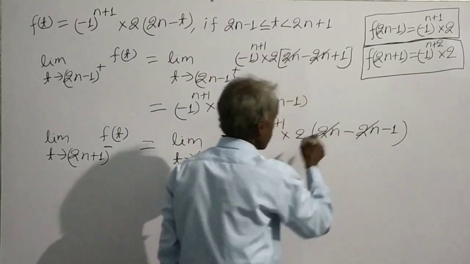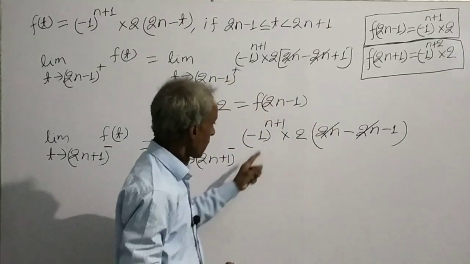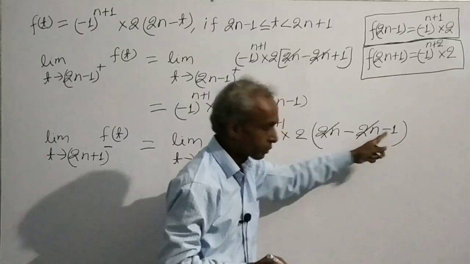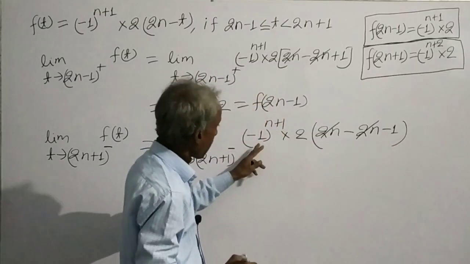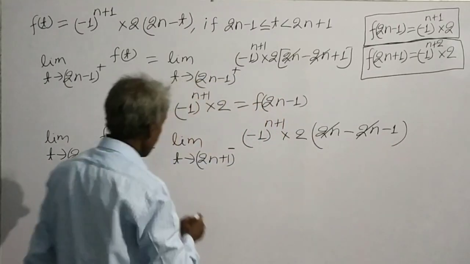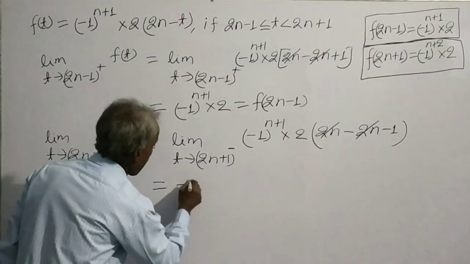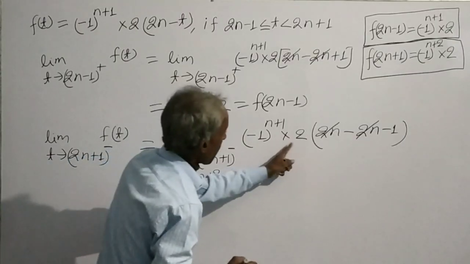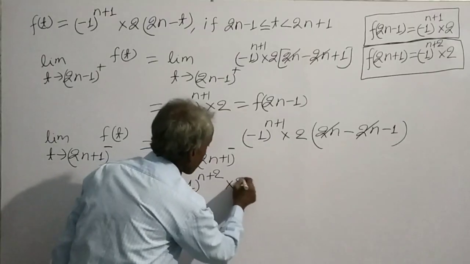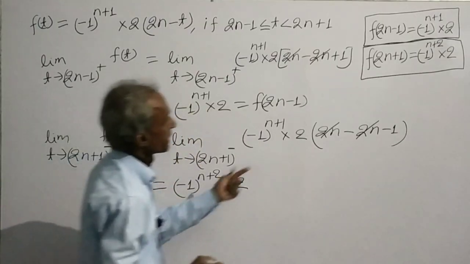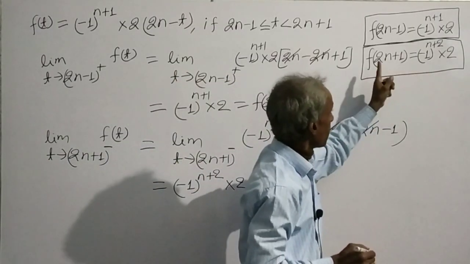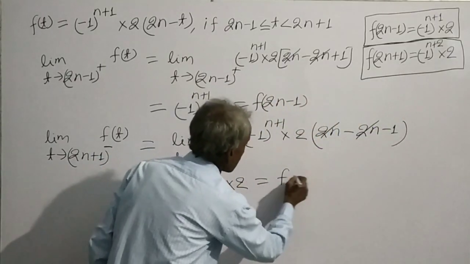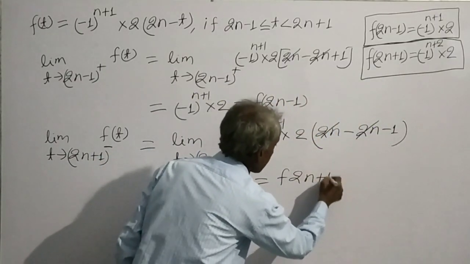This 2n will be cancelled out. (-1)^(n+1) times minus 1 will be equal to (-1)^(n+2). (-1)^(n+2) times 2, and this is equal to f(2n+1).